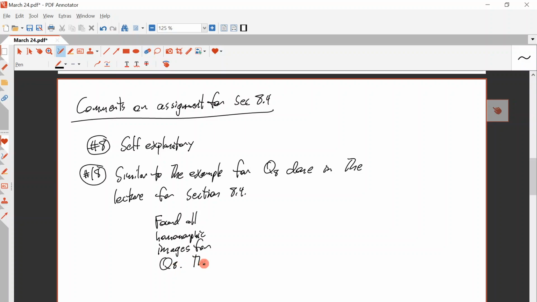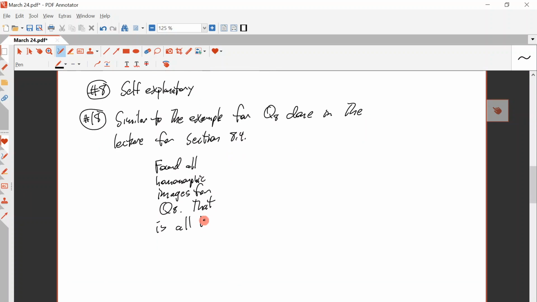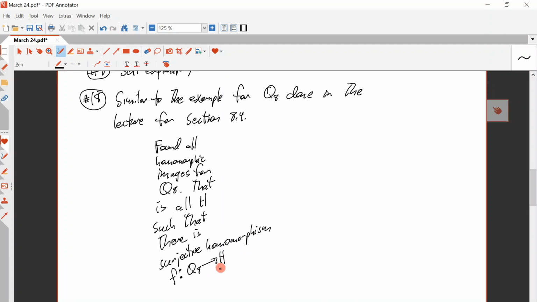All right, that is, all H such that there is a surjective homomorphism f from Q8 to H. So we found all possible groups H, such that there's a surjective homomorphism.